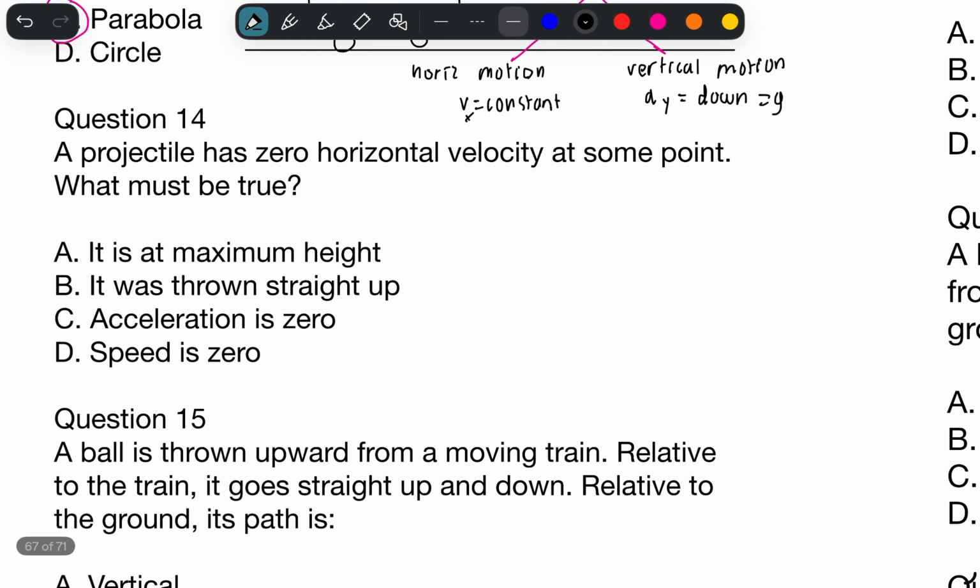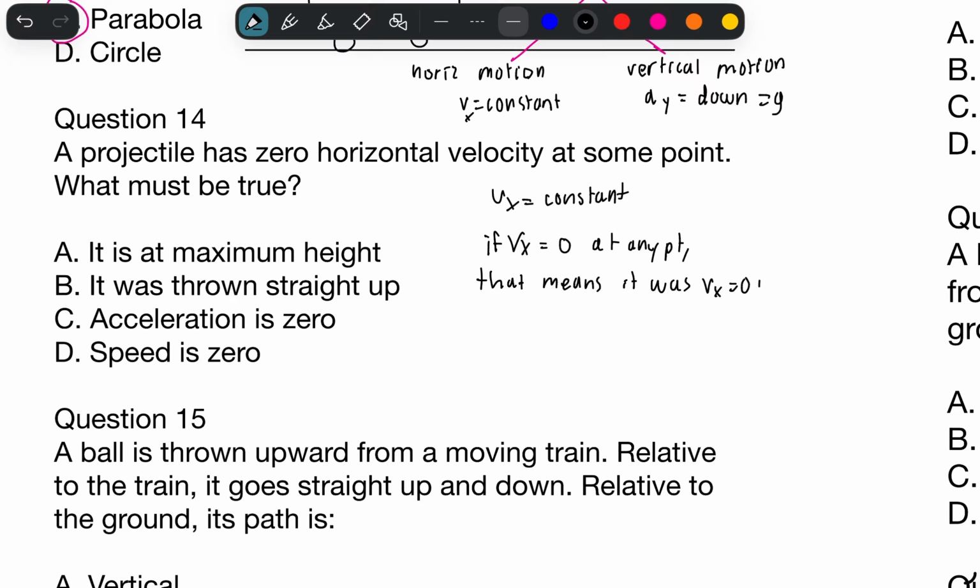A projectile has 0 horizontal velocity at some point. What must be true? Well, for a projectile, you're going to have your horizontal velocity equal to something that is constant. So if Vx was equal to 0 at any point, that means it was Vx equals 0 initially.